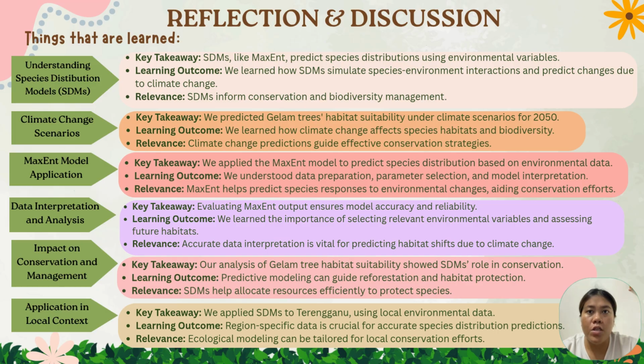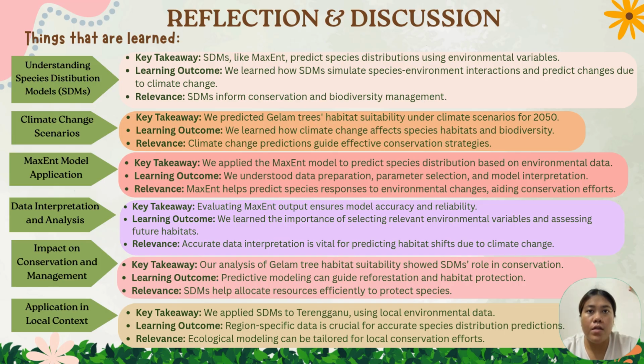Data interpretation and analysis. Interpreting the output of the MaxEnt model is key to ensuring reliability. We learn how comparing current and future habitat maps helps predict how climate change will affect species and ensures the accuracy of our conservation decisions.